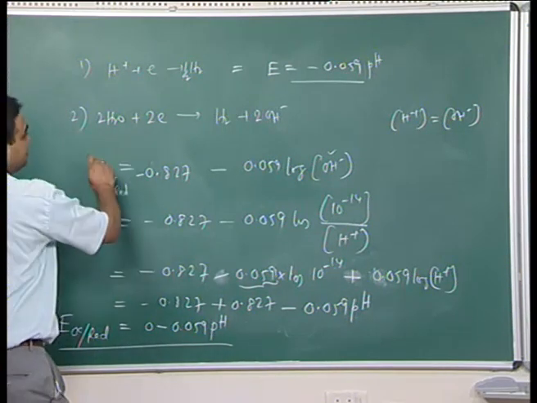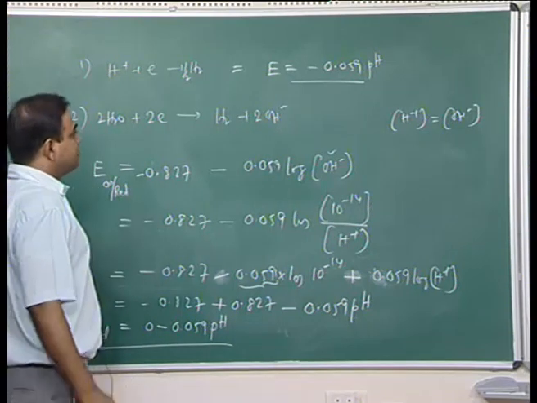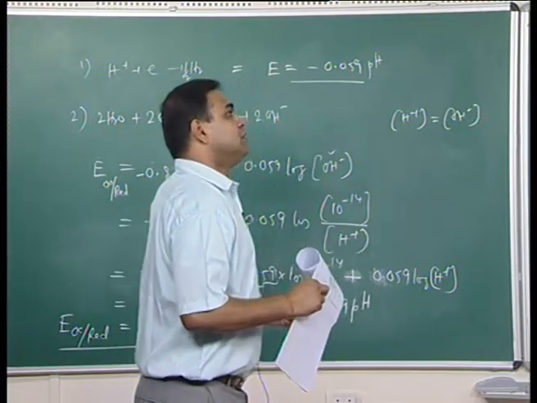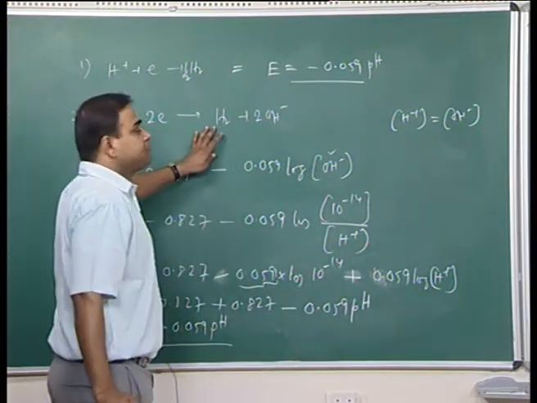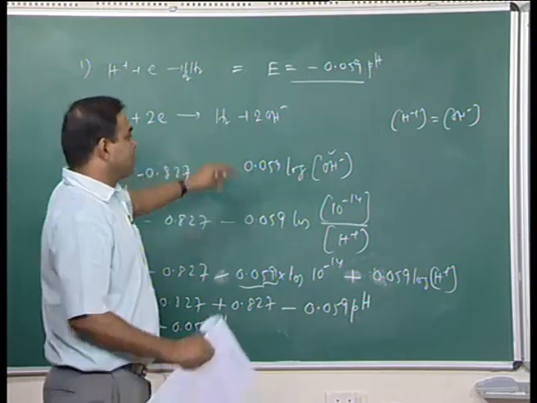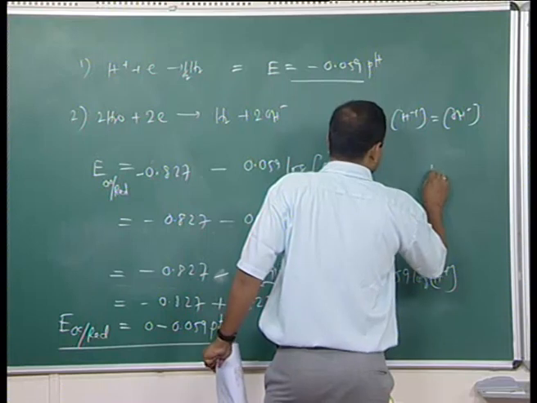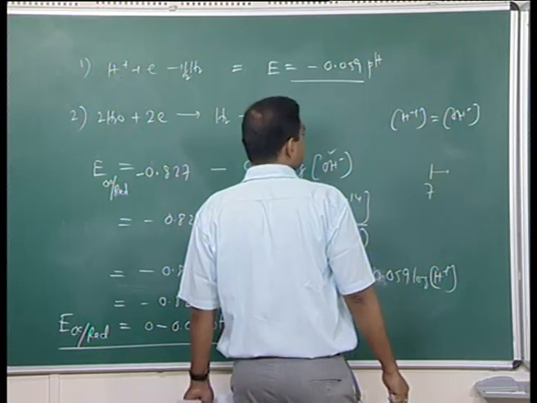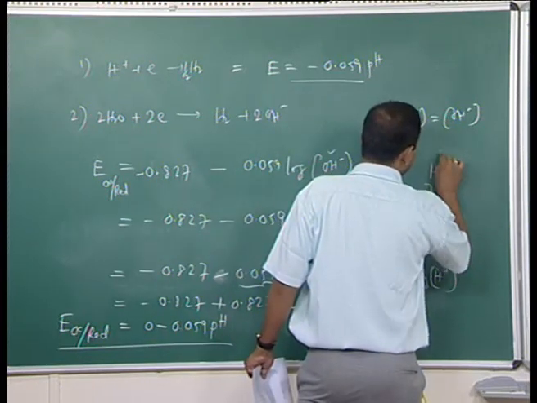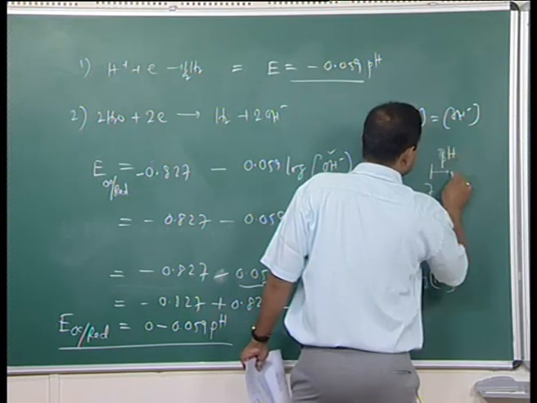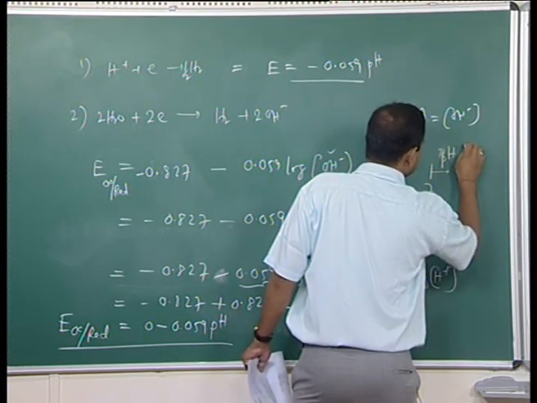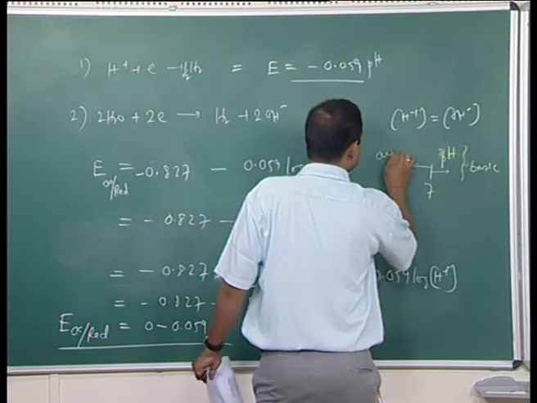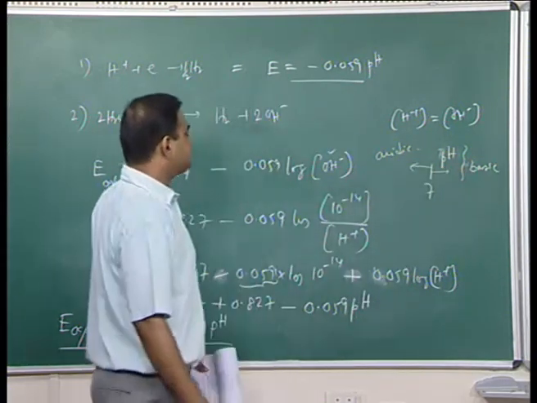In this reaction there are two OH minus ions. So if the solution has excess OH minus ion, that should be happening in basic medium. And from the pH factor, 7 is the neutral solution, and the basic medium where we have excess OH minus ion should have pH greater than 7.